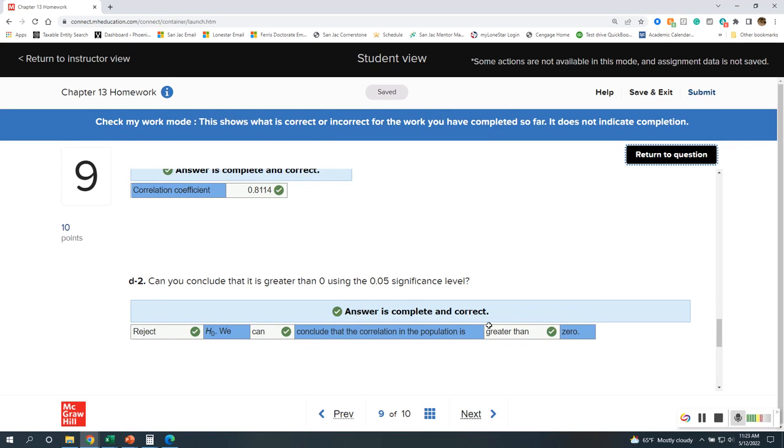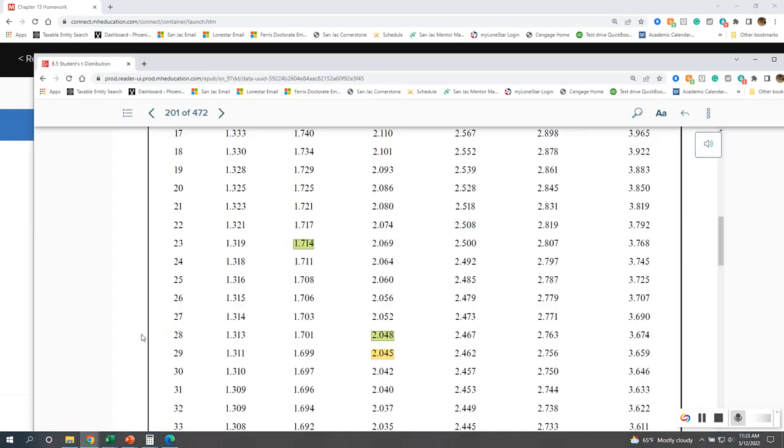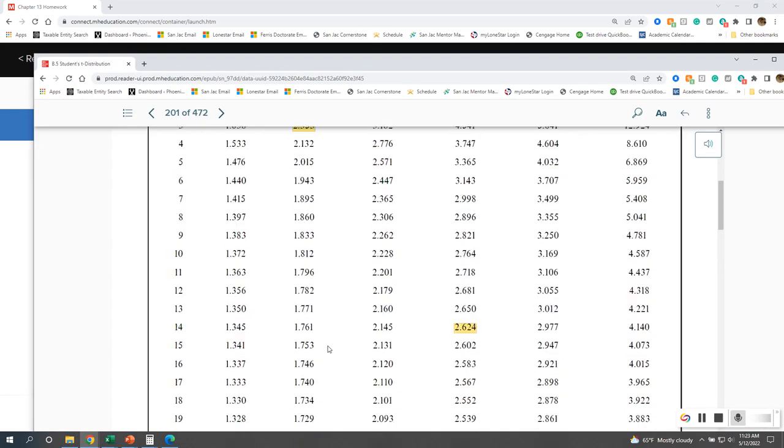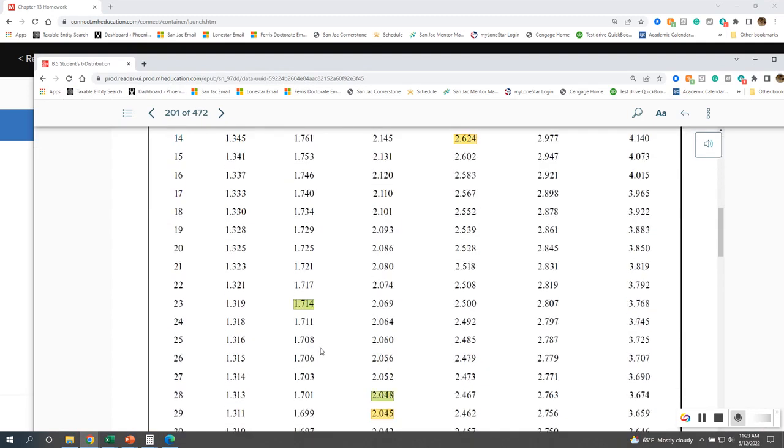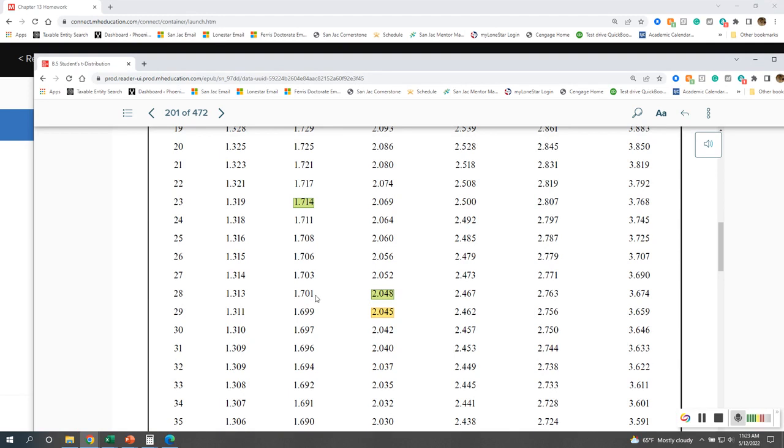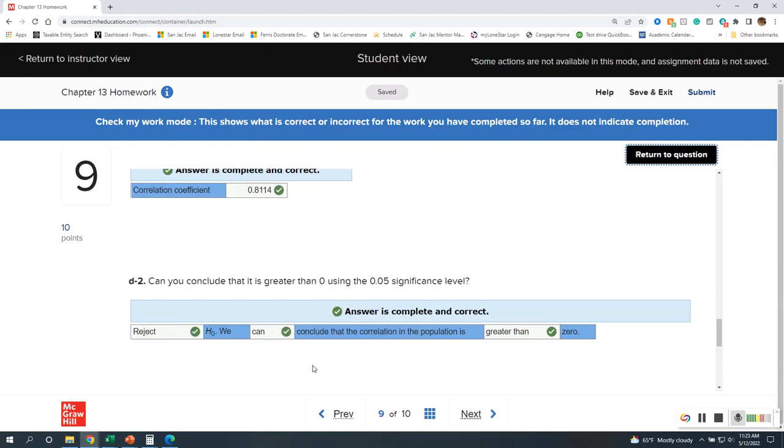Now this one is actually a one-tail, but if we looked up one tail with the same number, one tail is the second column, it is lower than our two tail. So if our two tail failed and we reject, we're probably going to reject the one tail test.